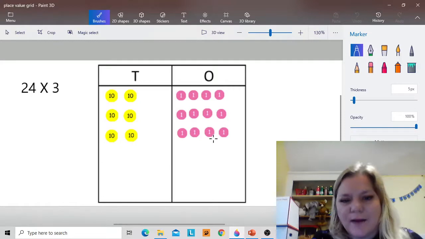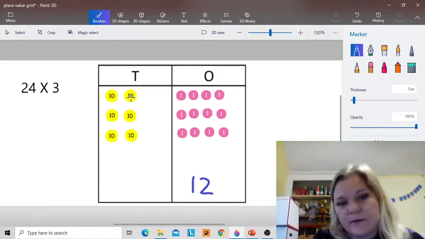So we can add together how many ones we've got and how many tens. So as you can see in the ones column, we have got 1, 2, 3, 4, 5, 6, 7, 8, 9, 10, 11, 12. So we've got 12 ones in there. And now we add the tens.